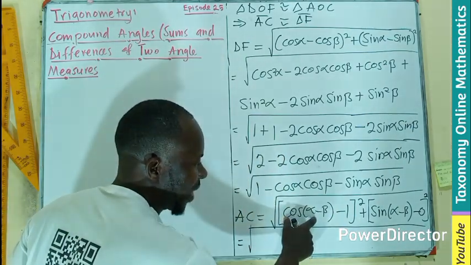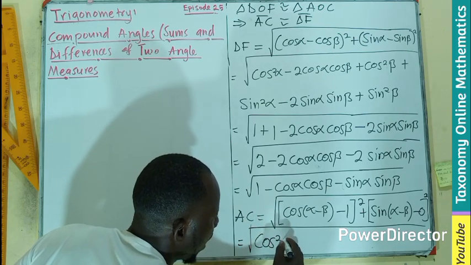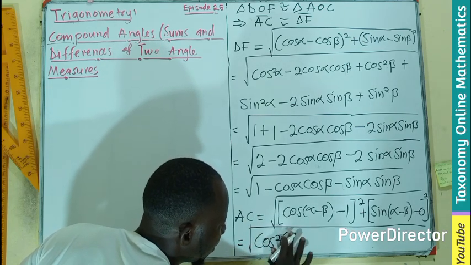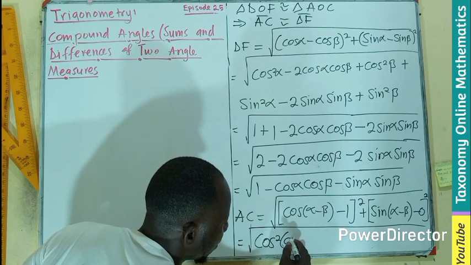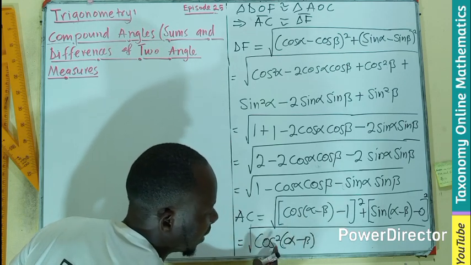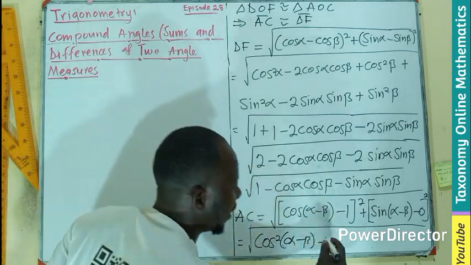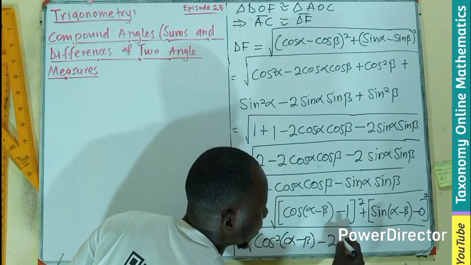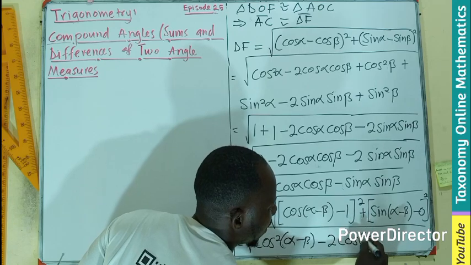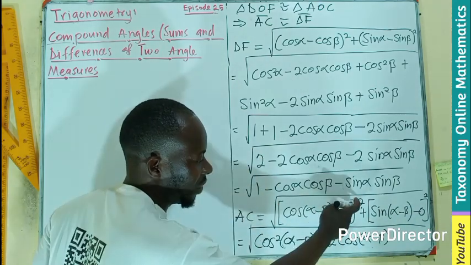We are squaring the first term, so square the first, meaning cos square of alpha minus beta. This is a square, twice their product. So 2 times this will give you 2 cos alpha minus beta, right? 2 times this is still 2.